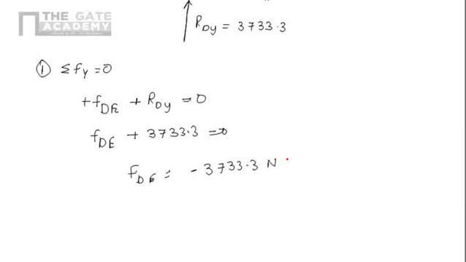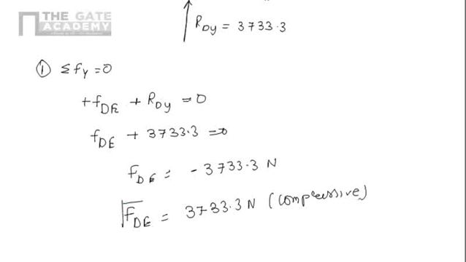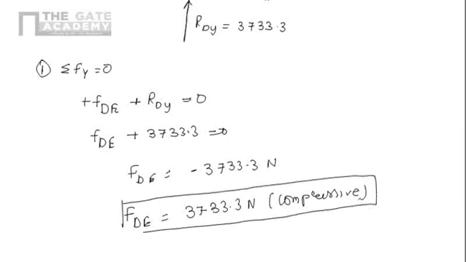So the negative sign indicates the nature of the force in member DE is compressive. So I can again write like that: FDE magnitude is 3733.3 Newton and nature is compressive. So this one is the required magnitude as well as nature of the force in member DE.